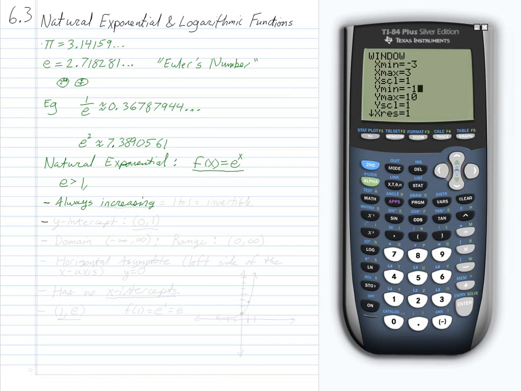We know these types of functions have a y-intercept, and in fact we know that y-intercept will be the point (0, 1). Since these functions are always increasing, they are also one-to-one. In other words, they are invertible.